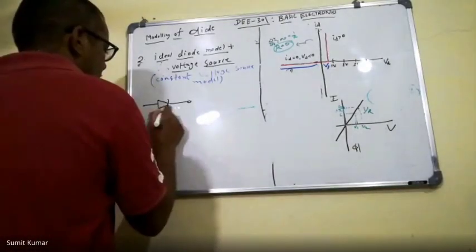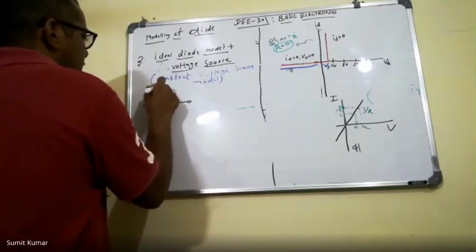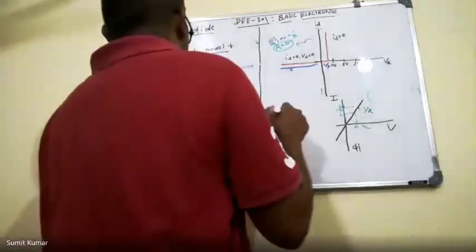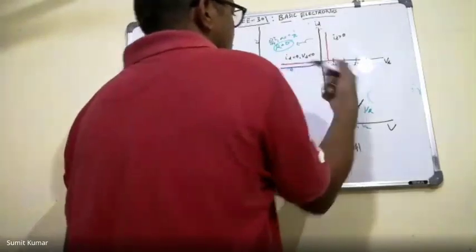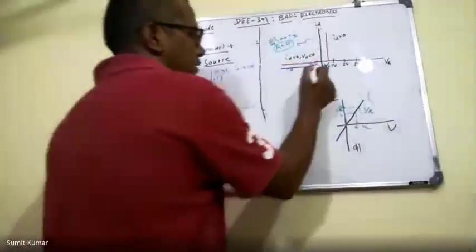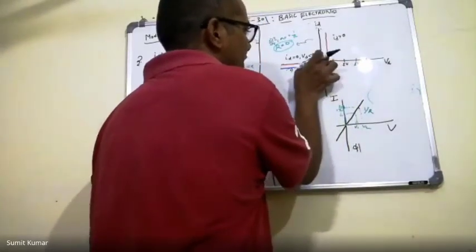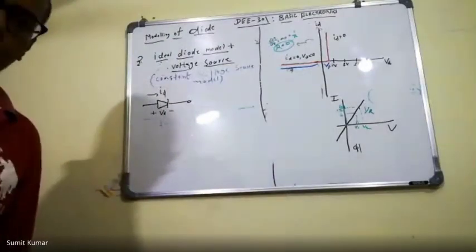In this model, if I represent the diode voltage as VD and the current flowing inside the diode as ID, then I need to understand that the difference between this characteristic and the previous characteristic is just this constant value. If I add this constant value to this characteristic, then I can obtain the same characteristic.